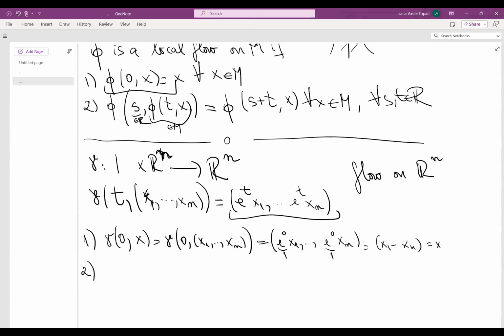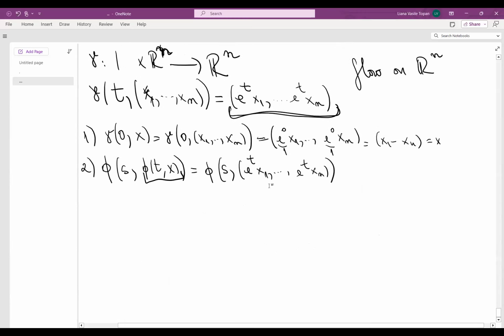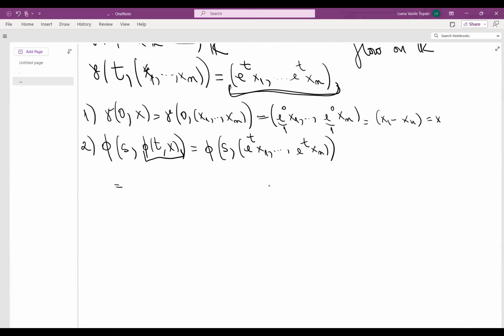And then for the second condition, let's go and check what is gamma of s and gamma of t of x. So this is gamma of s and gamma of t of x, which has this form: exponential of tx1 up to exponential of txn. Now this is my new x1 up to xn.